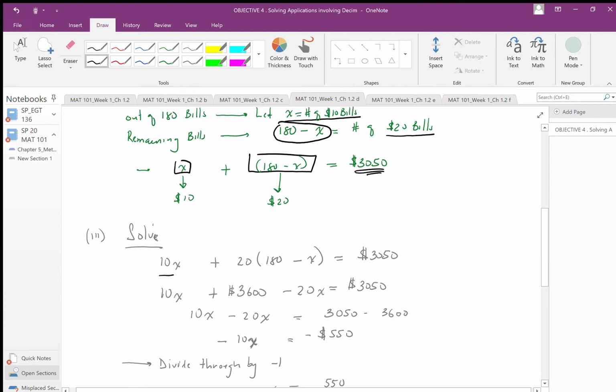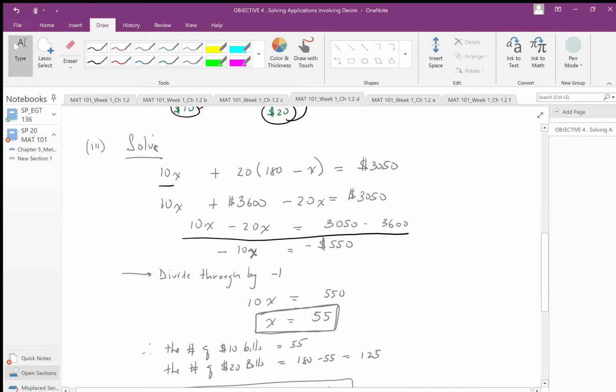In this case, we're multiplying the 10 by the X, and 20 by 180 minus X. And when we do that, we're typically going to get this expression here. When you solve for X, you're going to get X equals 55. Okay.